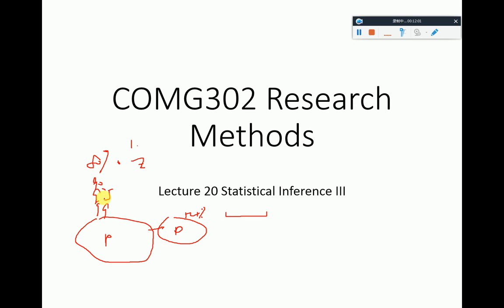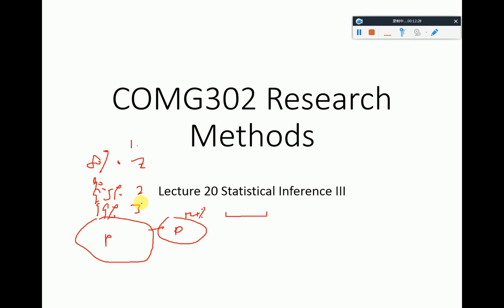But I do remember that the z-value associated with 95% confidence is approximately 2, and the z-value associated with 99% confidence is approximately 3. So as you see, by pre-specifying different levels of confidence, we are actually choosing different z-values.